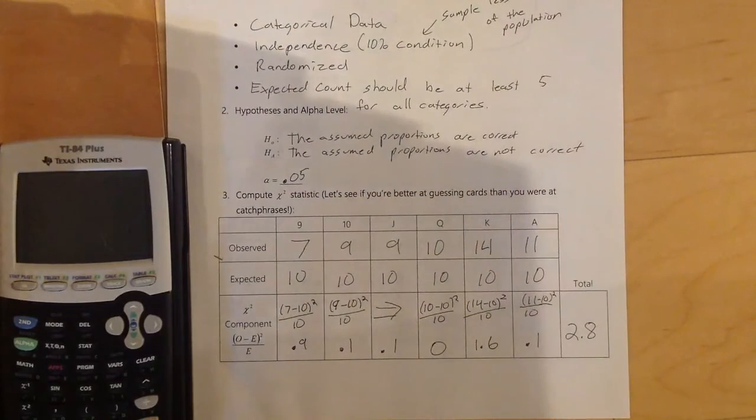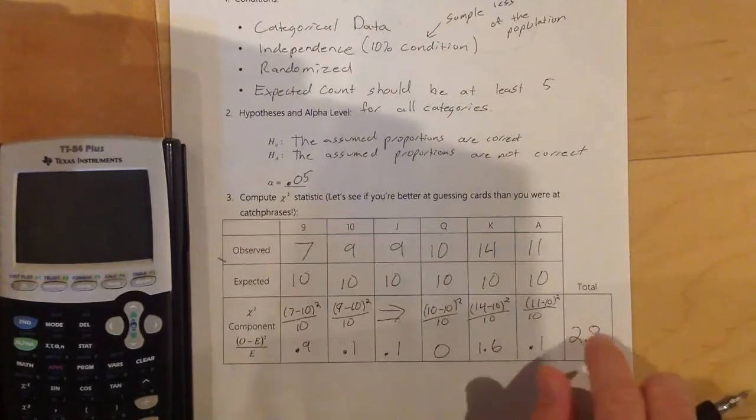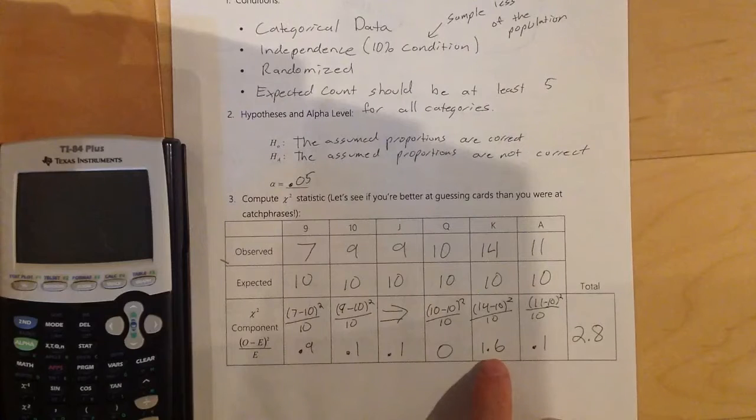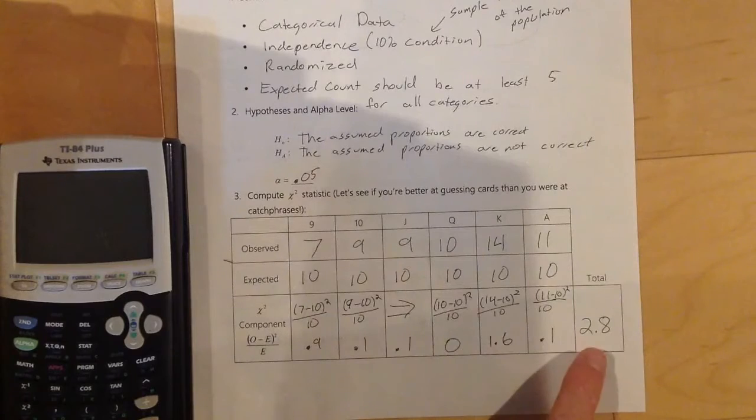All right, so we can see that if you end up way above 1, it can have a pretty big impact on your chi-squared statistic. Like our chi-squared statistic is 2.8. More than half of that is coming just from the deviation from the kings category. So 1 or 2 that's way off can really drive this number up. And what we're going to see is the larger this number gets, the smaller your p-value gets.